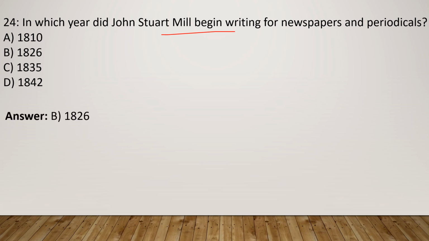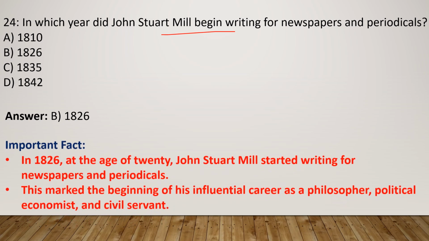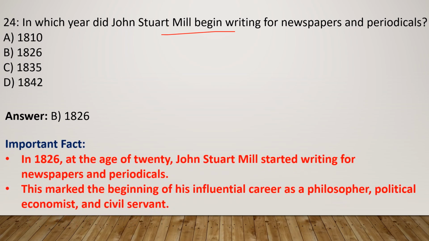It was 1826. In 1826, at the age of 20, John Stuart Mill started writing for newspapers and periodicals. This marked the beginning of his influential career as a philosopher, political economist, and civil servant.